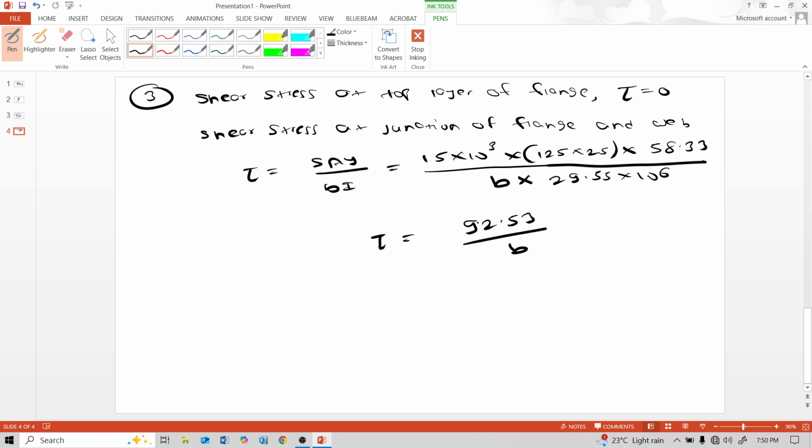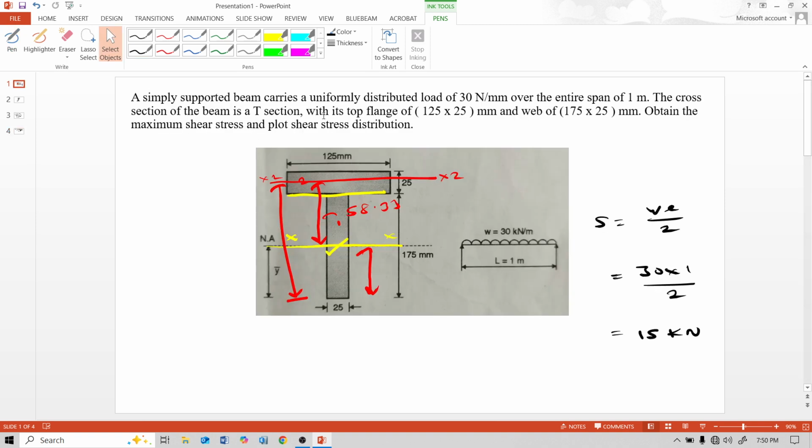Now for shear stress at the junction there are two widths, between this web portion and flange portion.